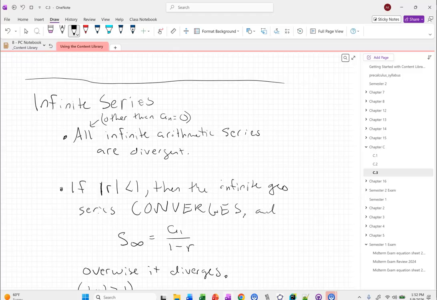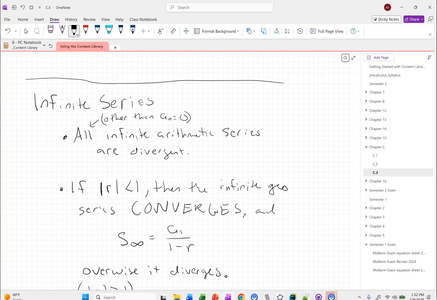Everybody's okay with that? What do we mean by divergent? Divergent means one of three things can happen. That the sum is infinity, the sum is negative infinity, or the sum cannot be determined.